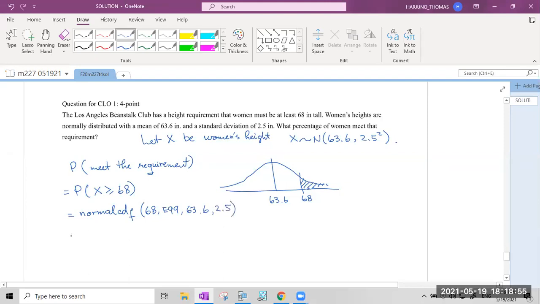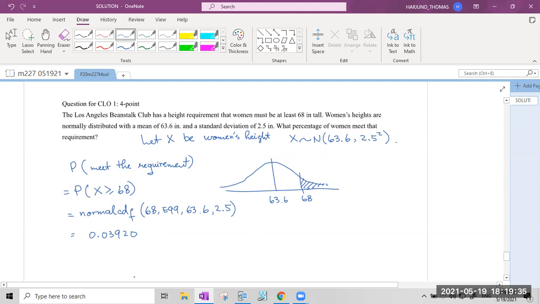Oh, this question is not hard, and you use your calculator. I get 0.03920. So only around 4%. I expect more.